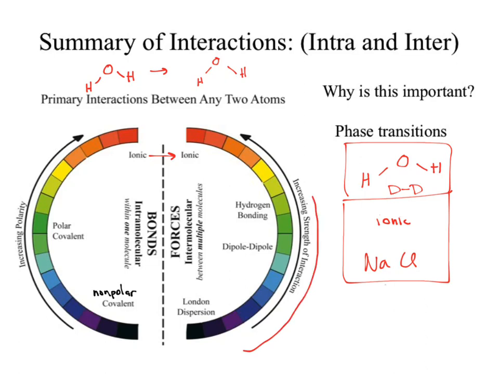Remember, our strength goes around the circle. So which one's stronger? Ionic. So to get that ionic substance to melt, I have to put in more energy because it's a stronger attraction. Which means its melting point and boiling point is higher.